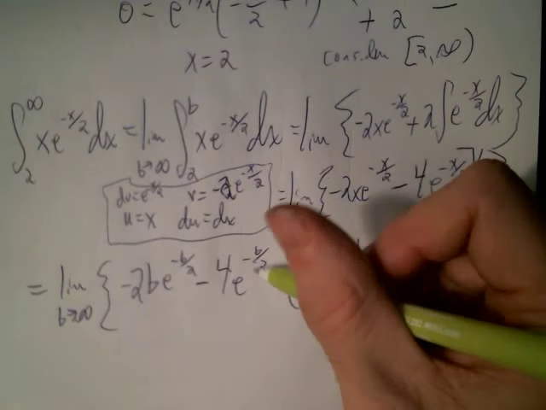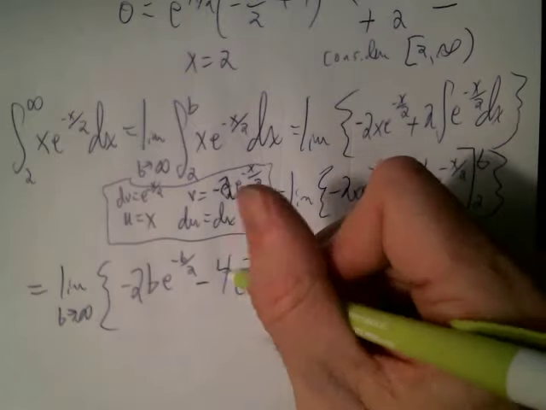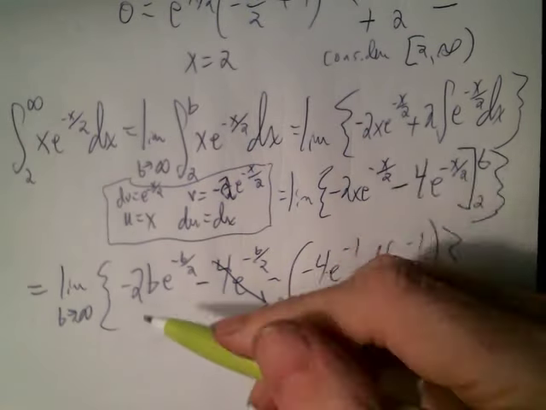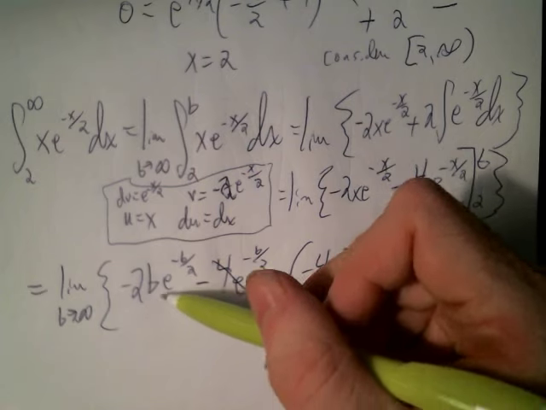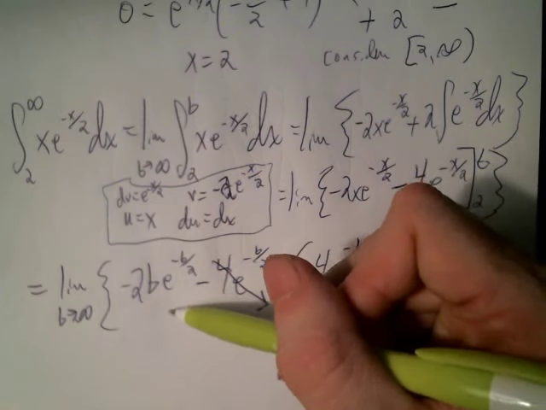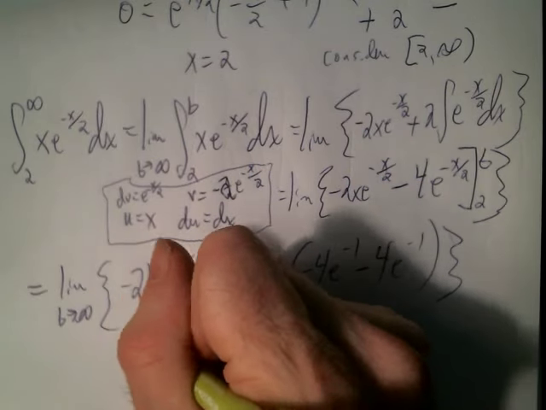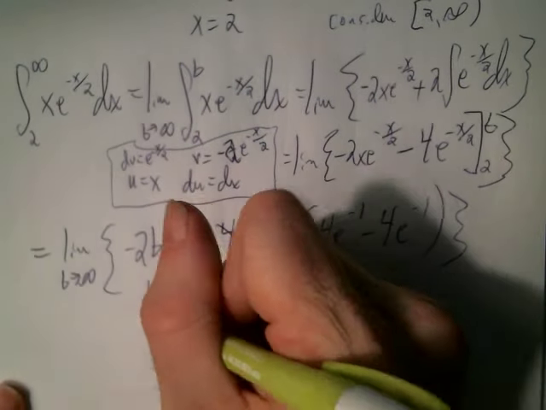This term here, as b goes to infinity, this thing will just shoot to 0. This thing here will be infinity all over infinity, so it's kind of indeterminate. You can do L'Hopital's. So let's just zoom in on this part a little bit.